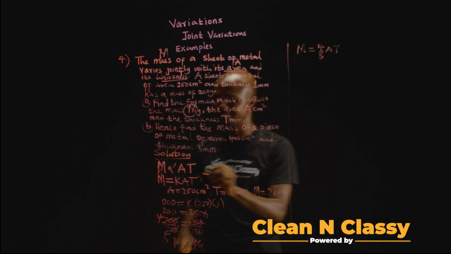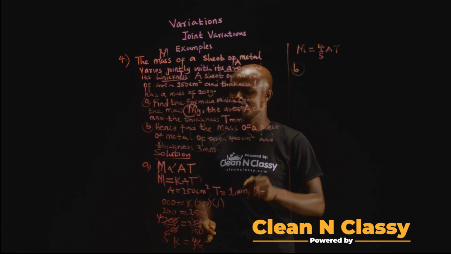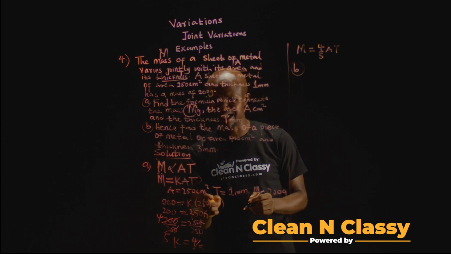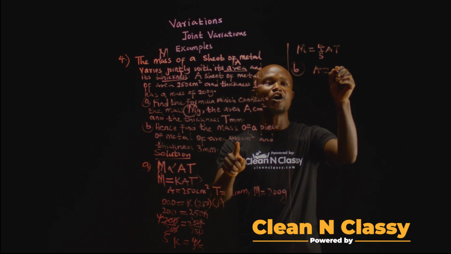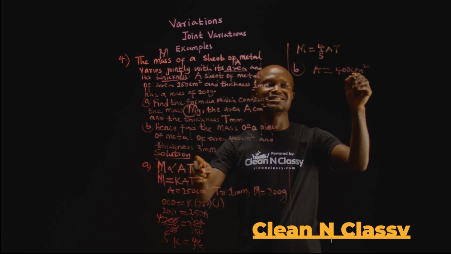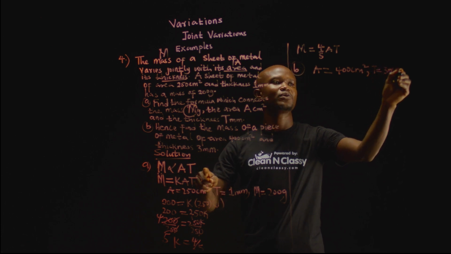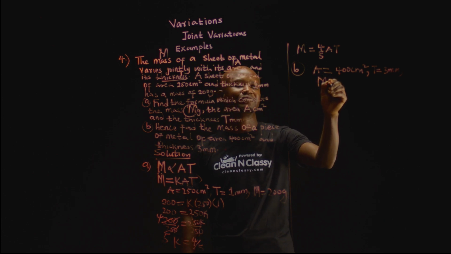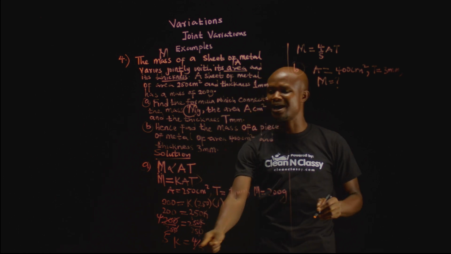We have solved A. Now let's go to B part. The solution to B. Hence, find the mass of a piece of metal of area 400 centimeter square and thickness T of 3 millimeter. We are asked to find mass M. We are still going to use the result we have from our A part.